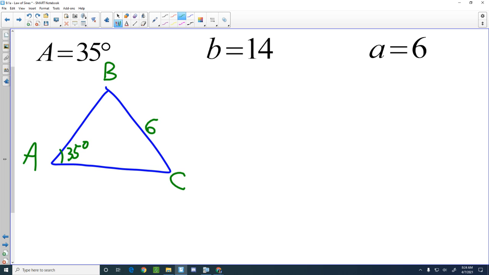I need to make sure that that 6 is across from the 35 degree angle because those are both A's, and that shows you that they match up. I don't know angle B, but I know side length B is 14. And then this last side that's not labeled, that would be lowercase c. I don't know what that one is yet.